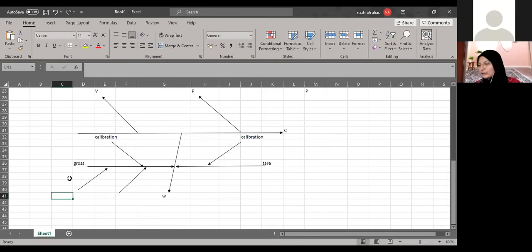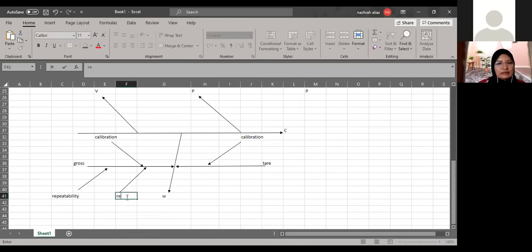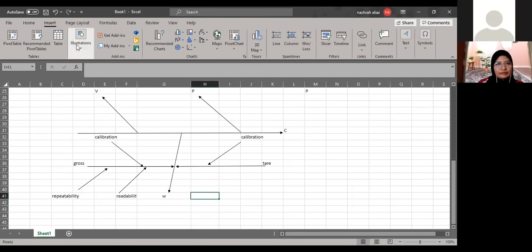So we have another factor, which is repeatability, and here is readability of the instrument. The same items go on the tare weight side too.